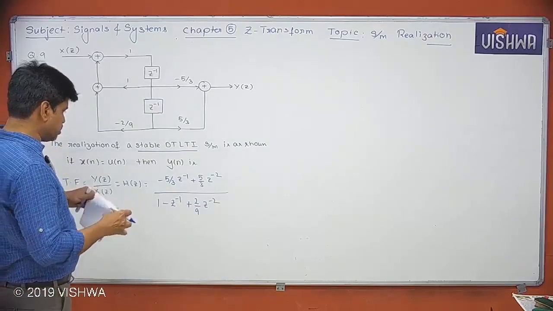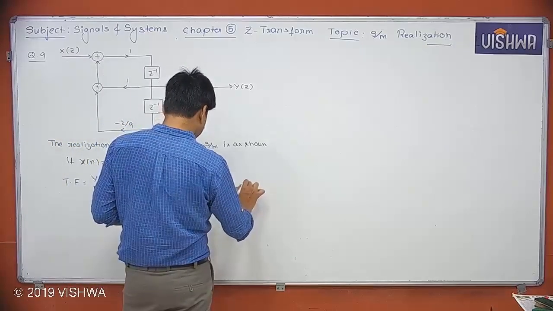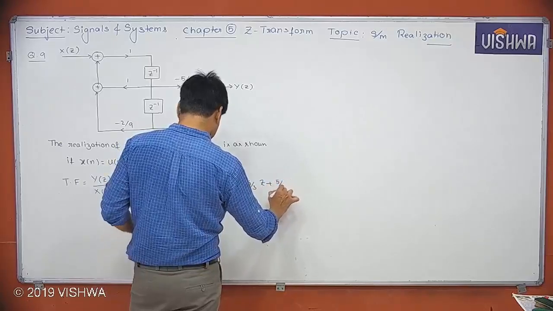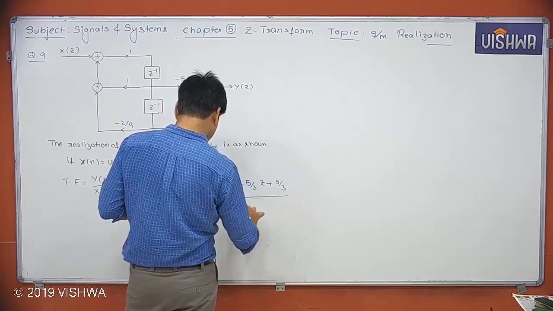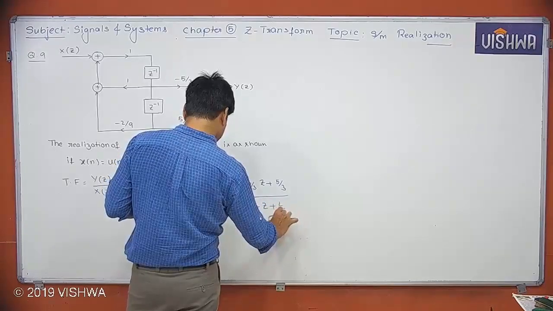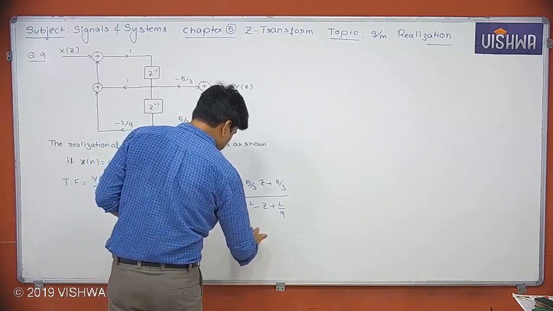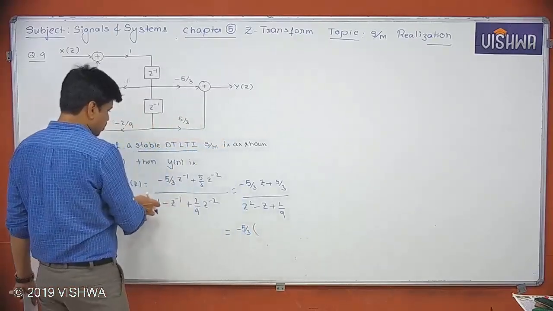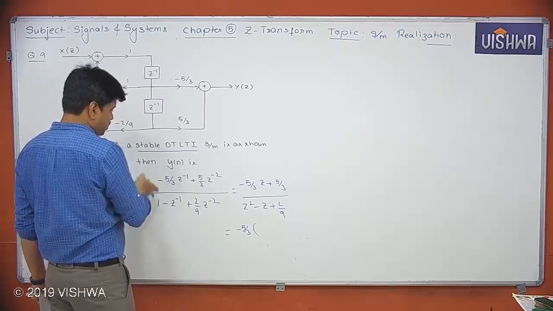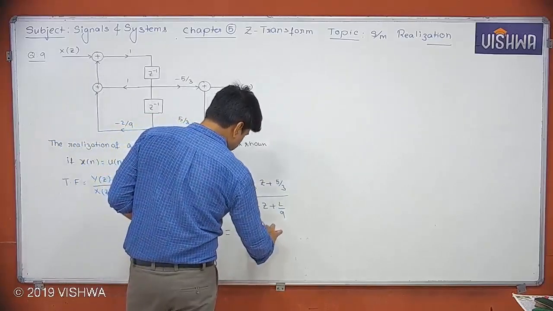Let me write it in terms of z so that it is simple. Minus 5 by 3 z plus 5 by 3, divided by z square minus z plus 2 by 9. We have taken z square common in both, so z power minus 2 gets cancelled. Finally we got this expression. If I take minus 5 by 3 common, that is z minus 1.